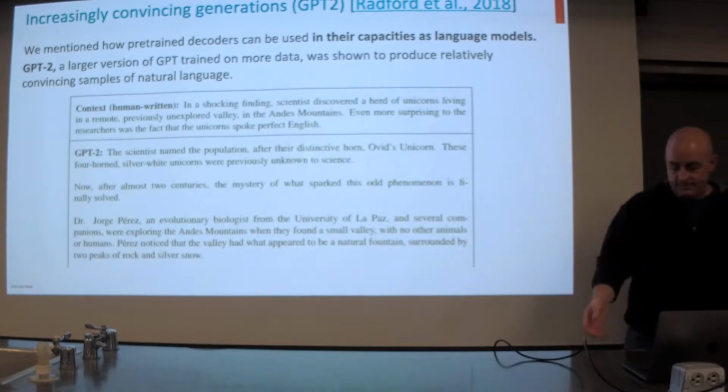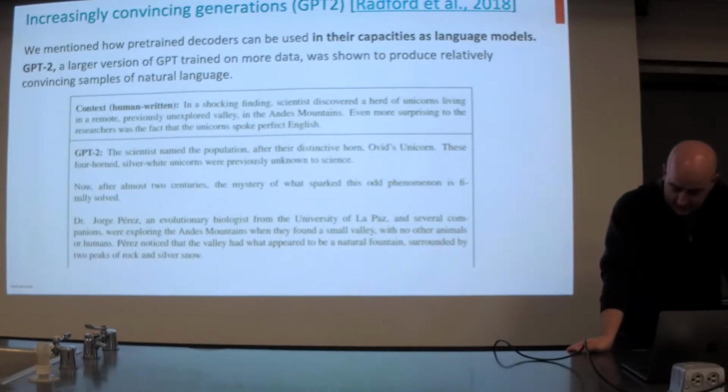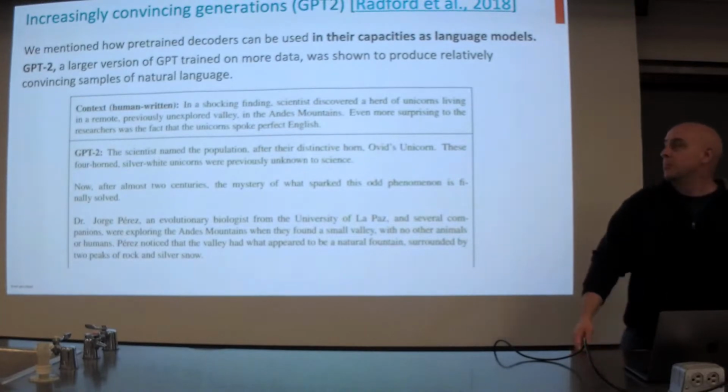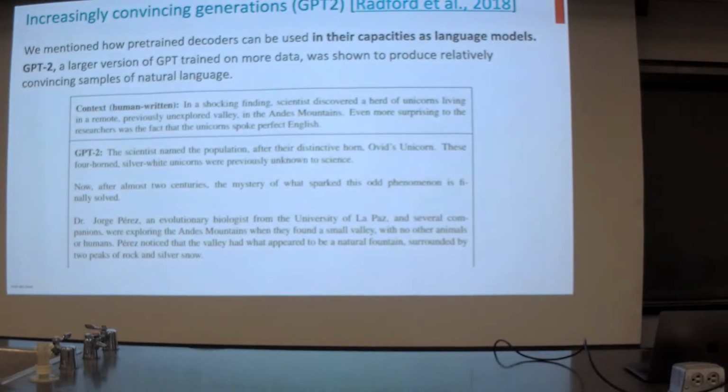GPT-2 is basically the same story, trained in the same way. It's just bigger, trained on more data. What's cool about this is that the text being generated from these models got people's attention.